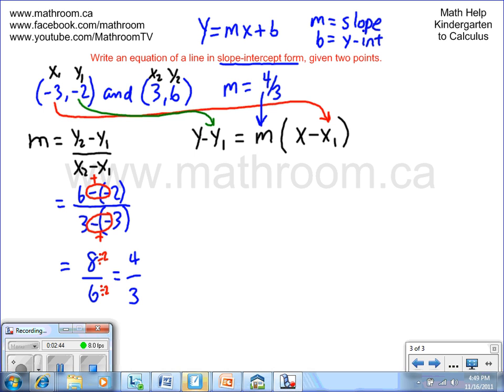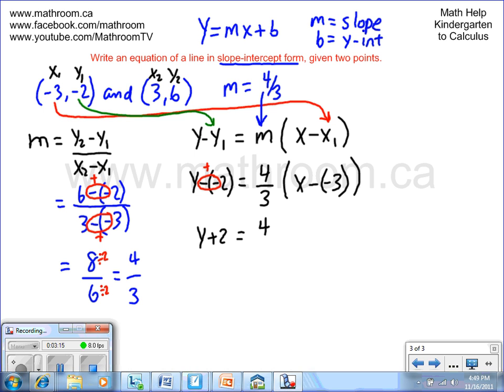So let's rewrite that. y minus the y1 value, which is -2, equals m, which is 4/3, times x minus x1, which is -3. Okay, before we start rearranging, we're going to simplify a little bit. Subtracting a negative is the same as adding, so that turns into y plus 2 equals 4/3.